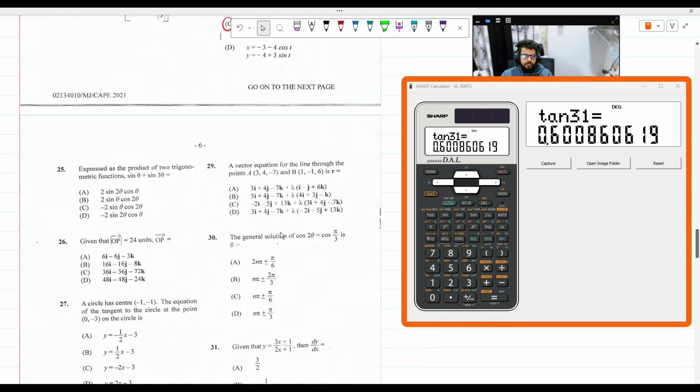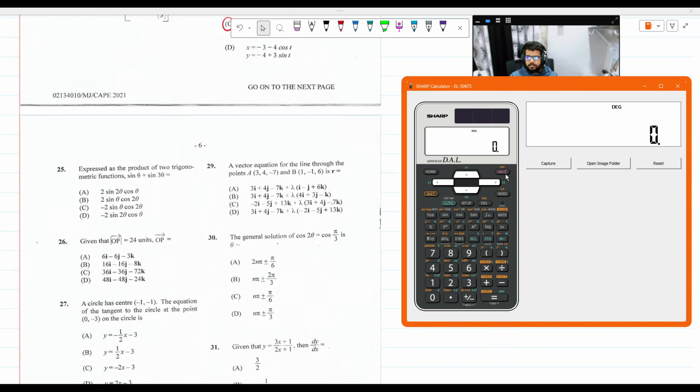Expressed as the product of two trigonometric functions, sine theta plus sine 3 theta, sine 31 plus sine 3 by 31. And just check all the answers. So what I'm going to do, you could store any answer, right? We'll still work with the 31. I store that in A. So sine A plus sine 3A.